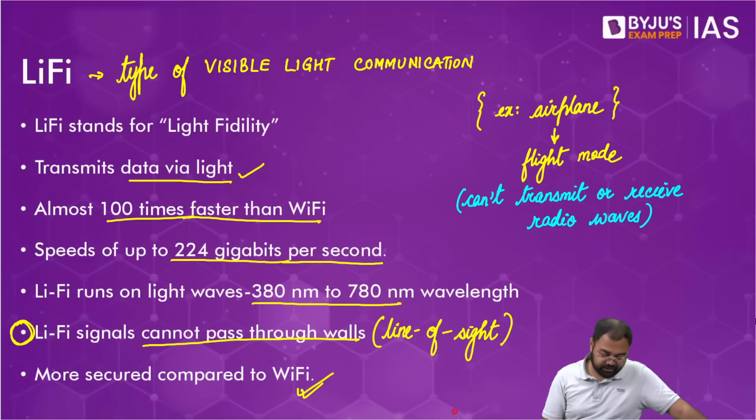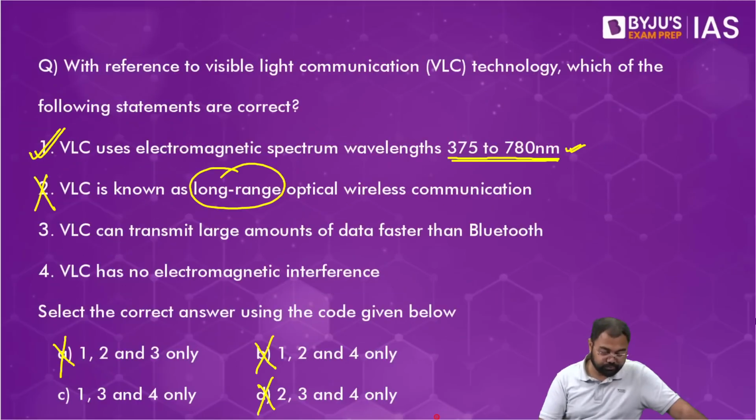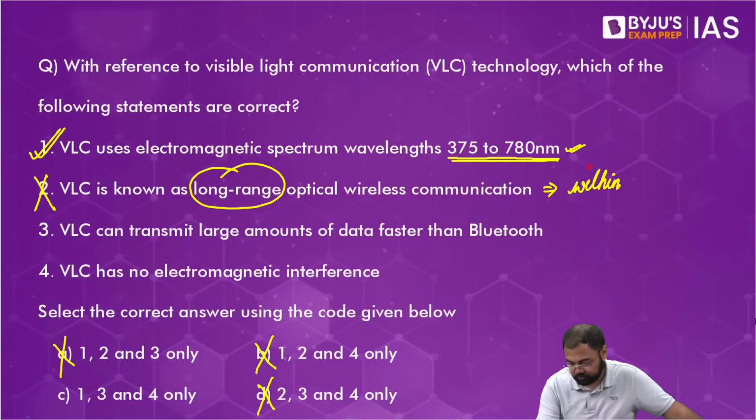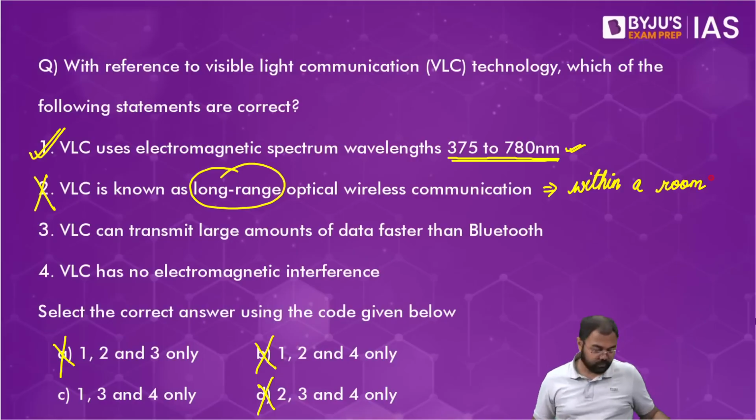It's not possible at all. It's a very, very short range communication, only within a room. We establish it just within a room, right? So that's why second is wrong.